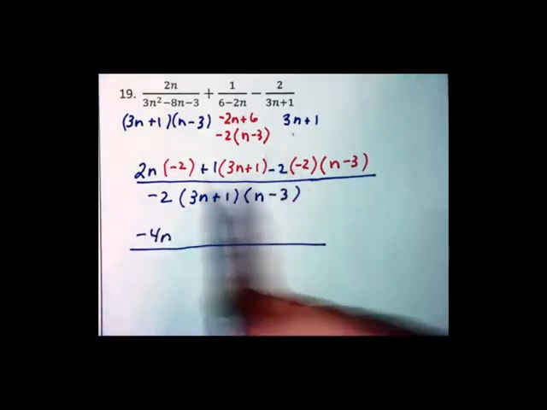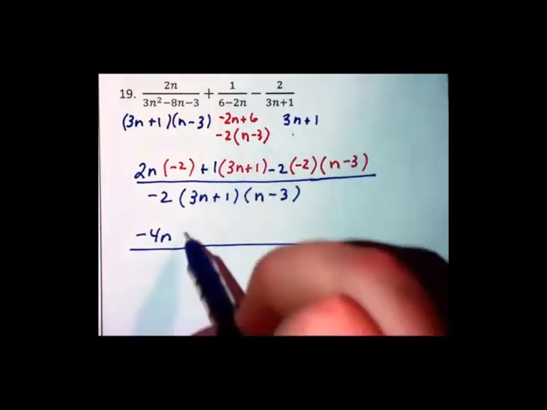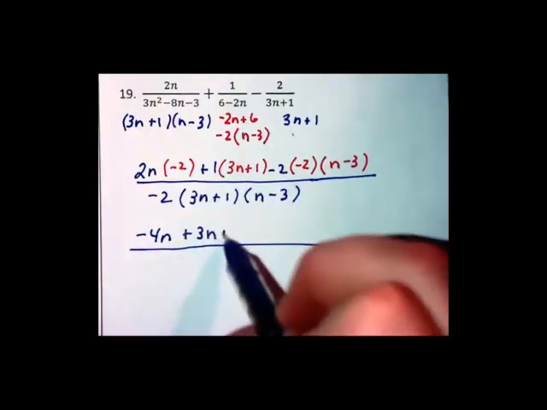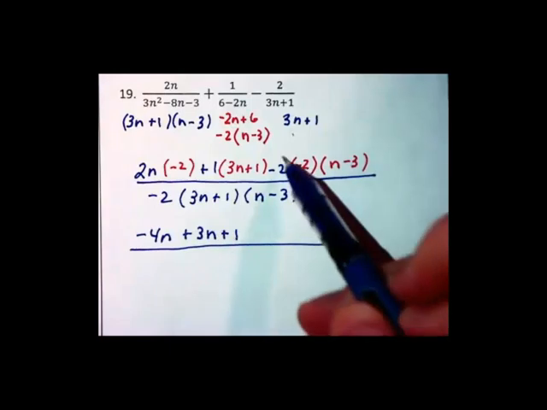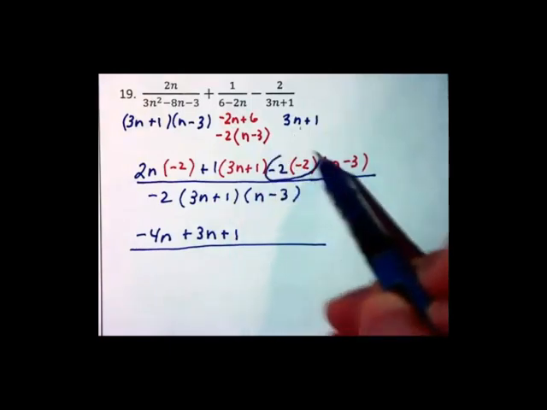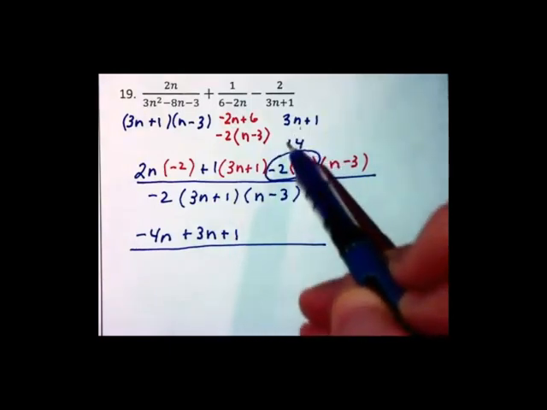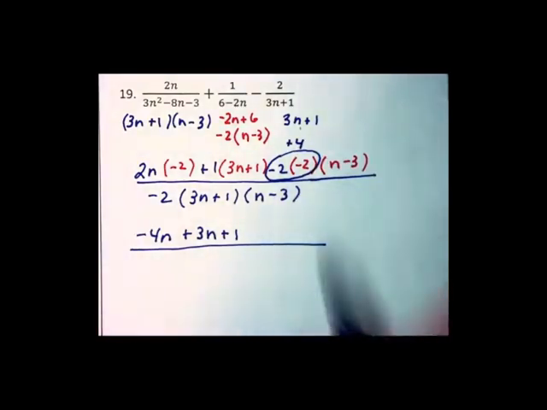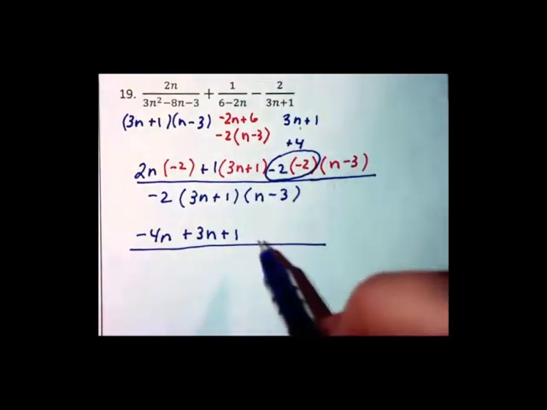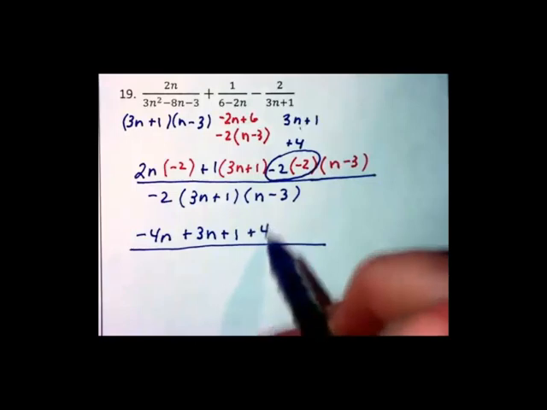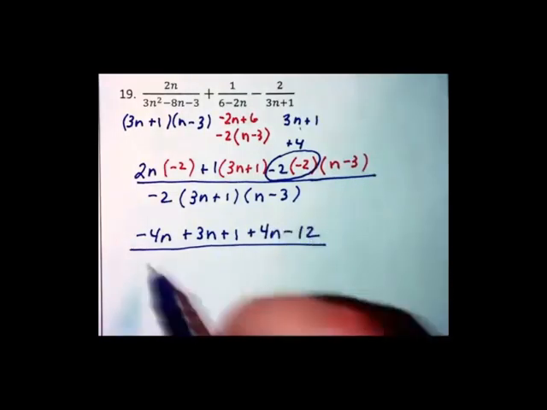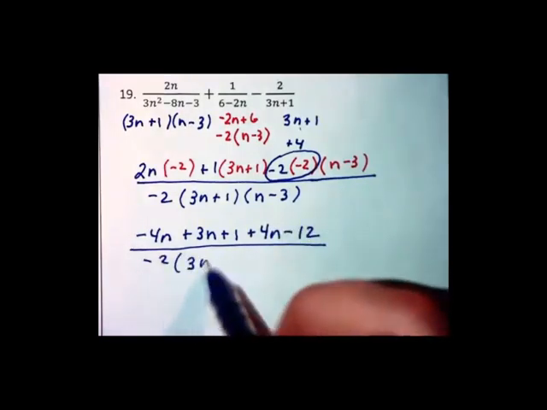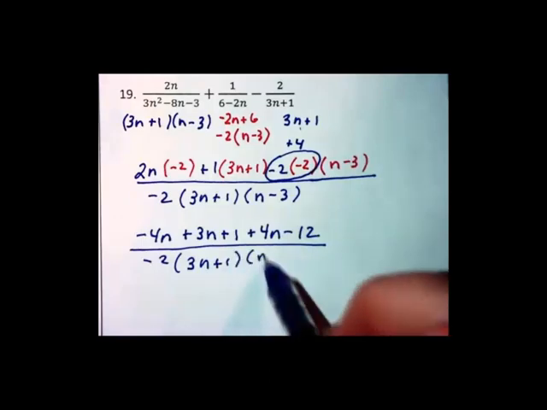The plus 1 distributes and just gives us plus 3n plus 1. And then for purposes of multiplication, I'm going to multiply the two of those together to become a positive 4, and distribute the positive 4 to the n minus 3, and make this a plus 4n minus 12. And I'm going to rewrite the denominator here, so there's no questions.